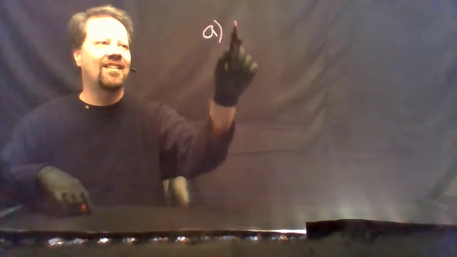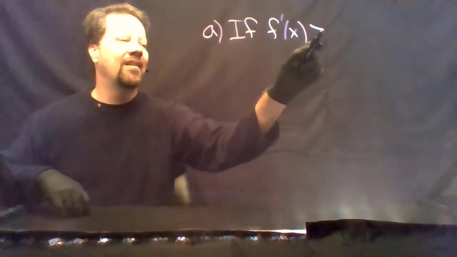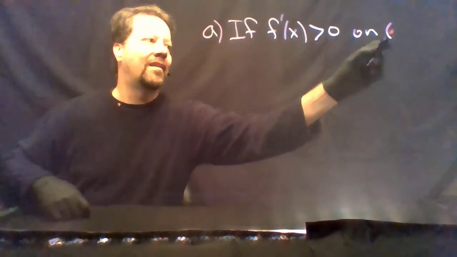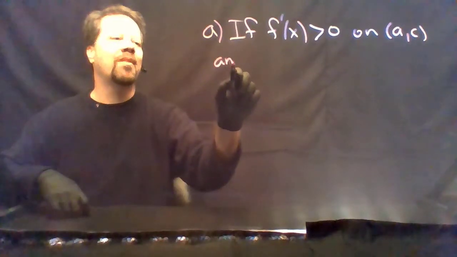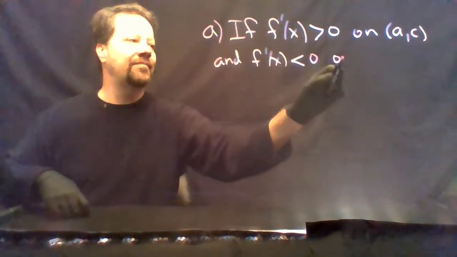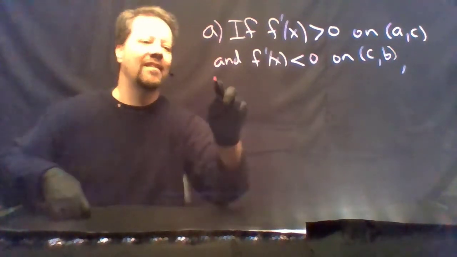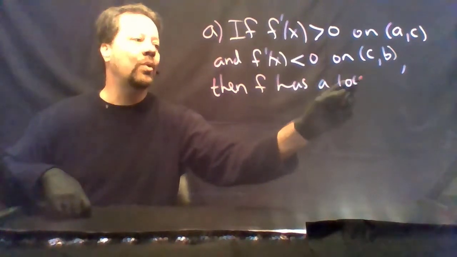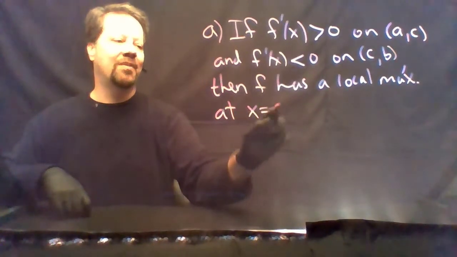Now, if f prime of x is greater than 0, and hence the function is increasing on the interval from a to c before you get to the critical point c, and f prime of x is negative from c to b after you pass the critical point, then f has a local max at x equals c.